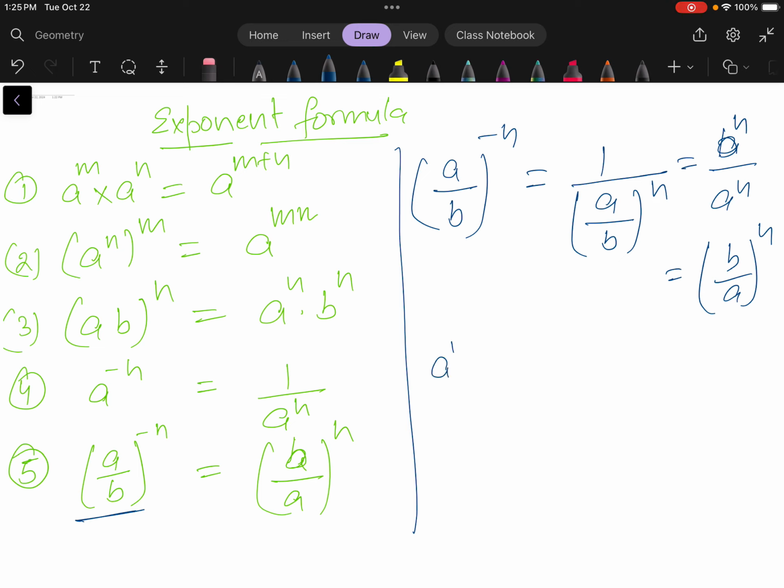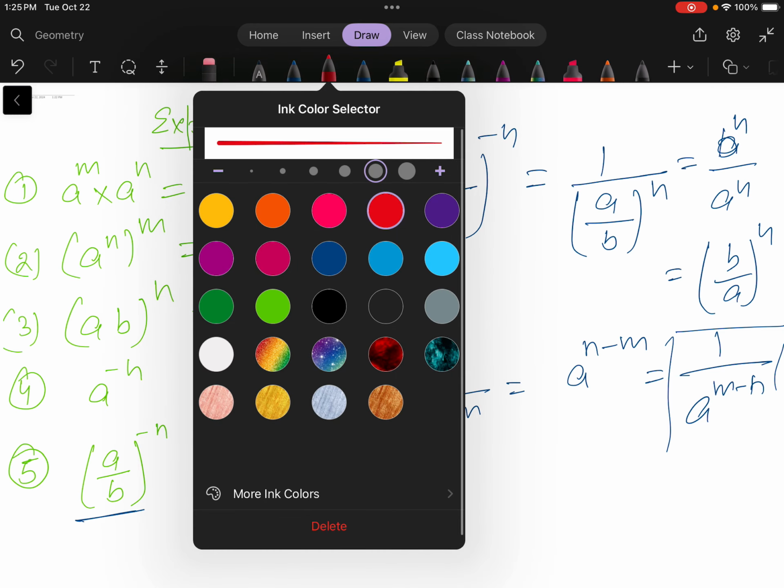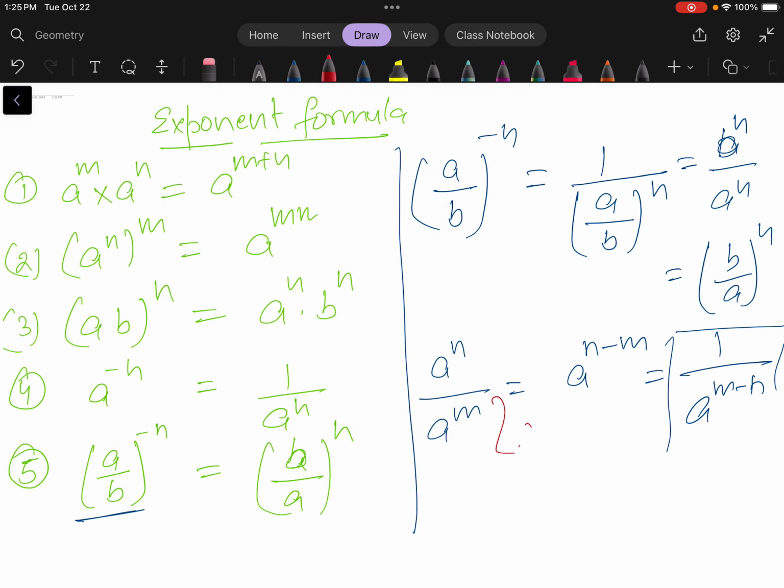If anybody writes a to the power n divided by a to the power m, we can write it a to the power n minus m. And it can also be written like this, 1 upon a to the power m minus n. So why have we written it this way? Let's rewrite this formula. If I write a to the power m, this we can write as a to the power minus n.